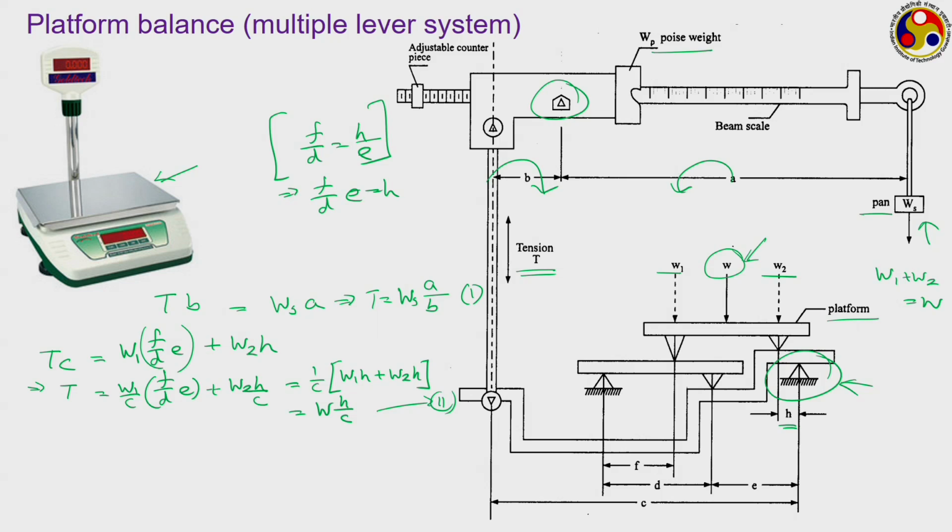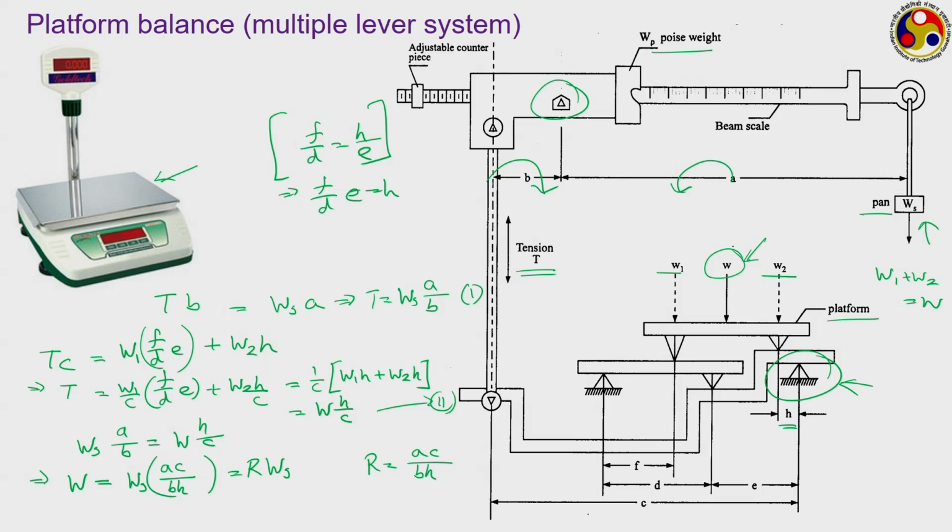So, if we equate the value of this tension T between these two equations, then we have Ws into A upon B is equal to W into H upon C, or W equal to Ws into AC upon BH, or commonly written as R into Ws, where this R is nothing but what we originally had in the bracket, AC upon BH, that is a term comprising of all these 4 lengths A, B, C and H.